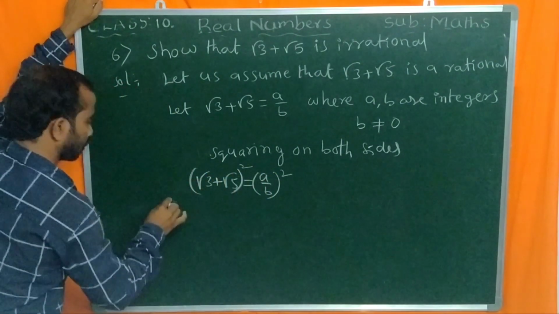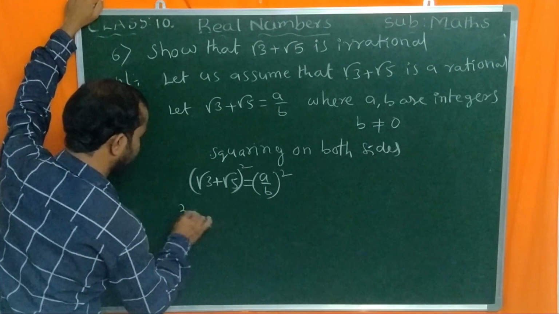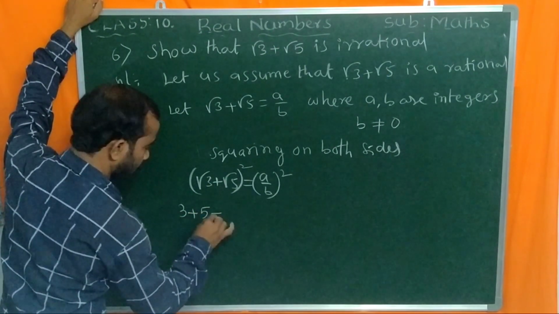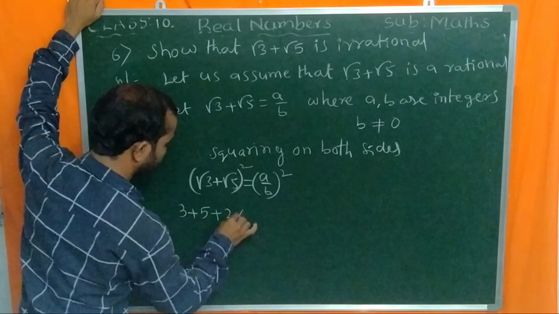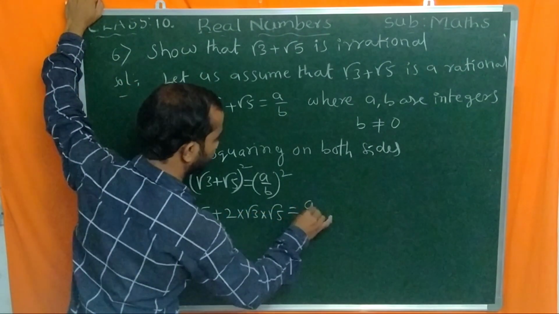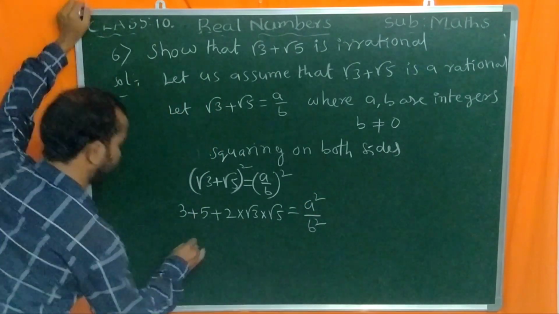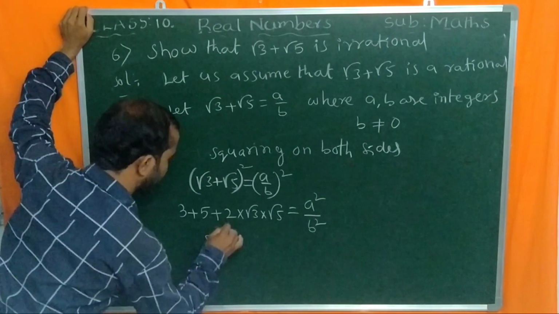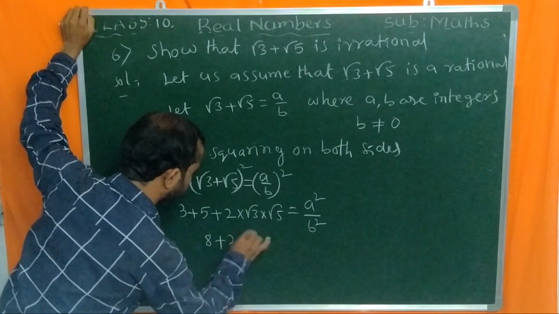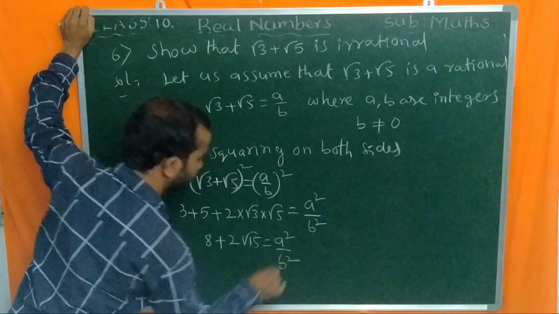Root 3 square means 3, root 5 square means 5, plus 2 into root 3 into root 5, equals a square by b square. 3 plus 5 is 8, plus 2 into 3 into 5, which is 15, equals a square by b square.